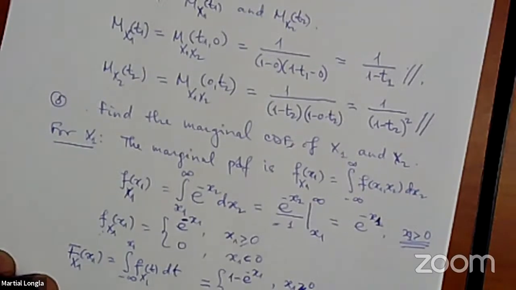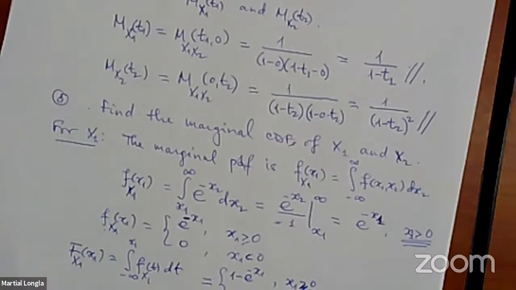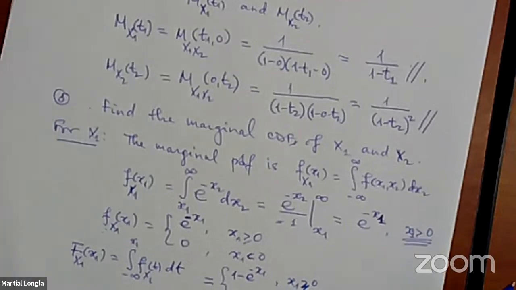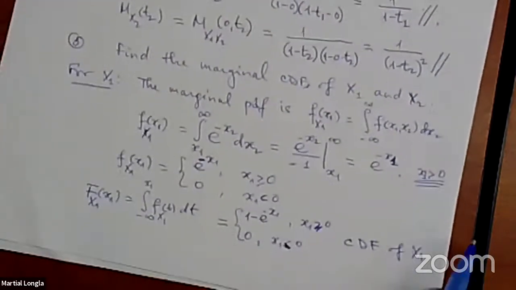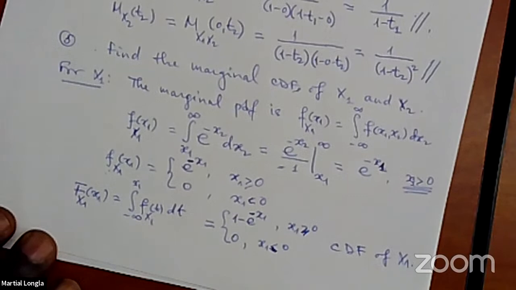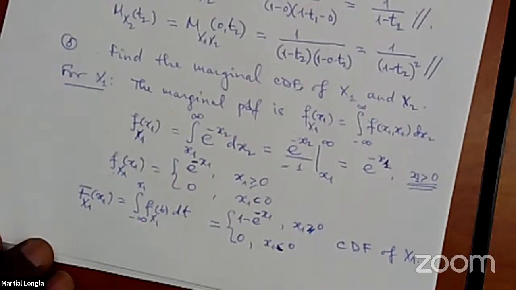It doesn't matter where you put the or equal, as I said last time. So this is the marginal CDF of x1. That's how you use the joint distribution to find the distributions of the random variables, the marginal distributions.